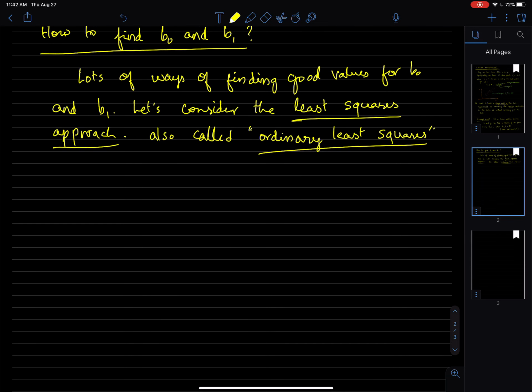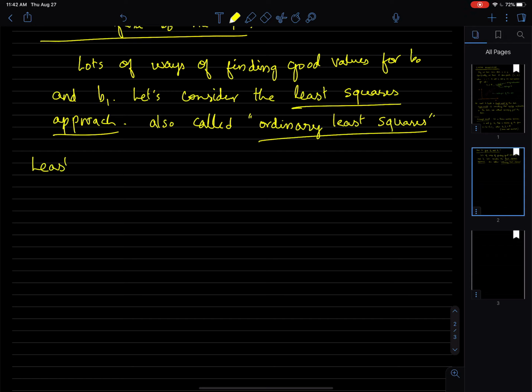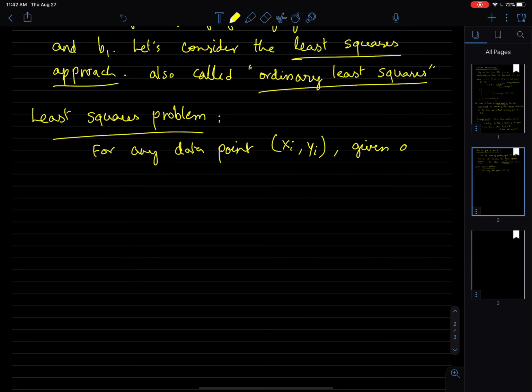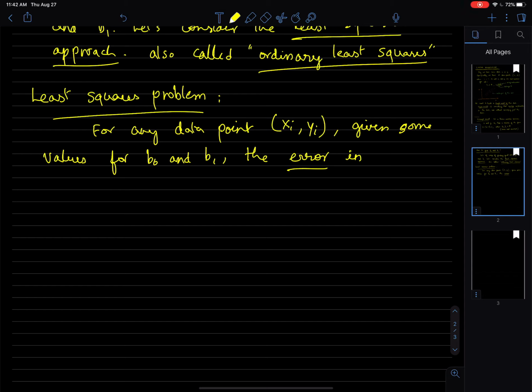Okay, so what do we mean by the least squares problem? So this is the least squares problem. For any data point xi comma yi, given some values for b naught and b1, the error in the prediction of yi given xi is the following, right?